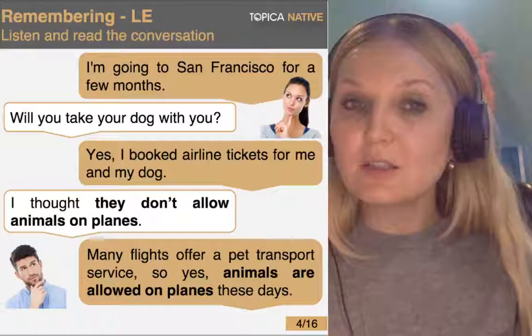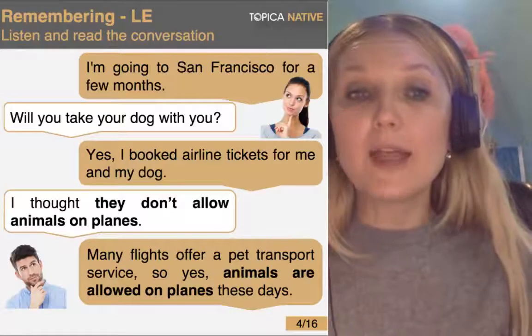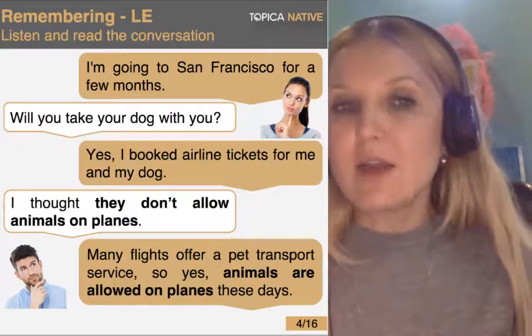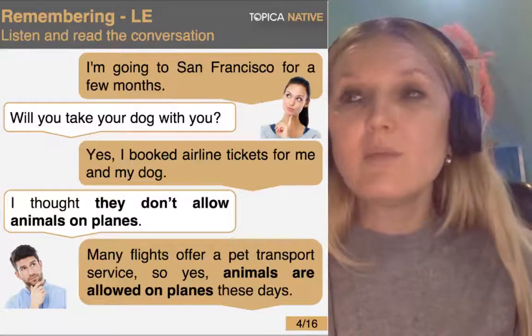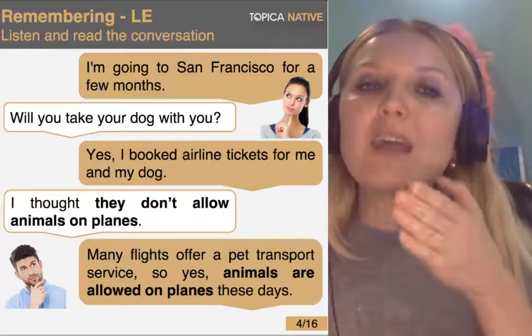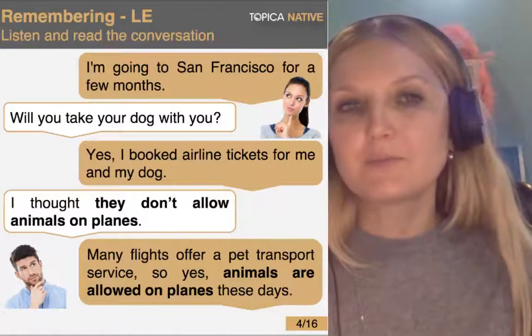And then we have are allowed on planes. We don't even need airlines. Yes, we can say by airlines, but it's not necessary. The most important thing is animals, and we want to emphasize that animals are allowed on planes.